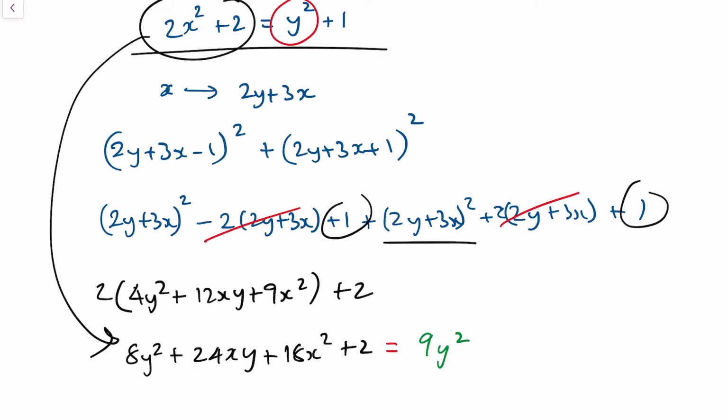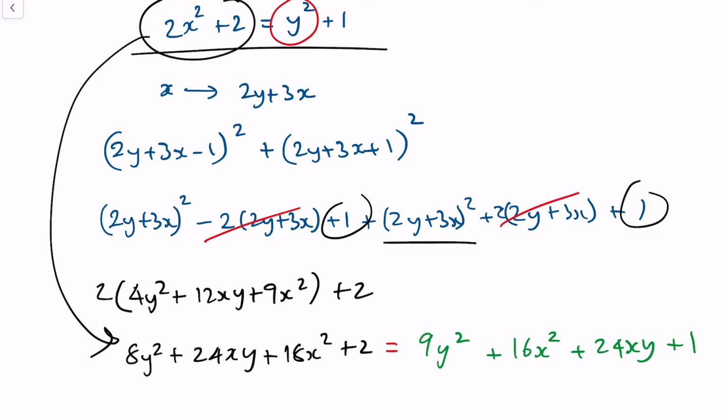And then on the left-hand side, we have 18x squared, but we want that to be 2x squared. So we add 16x squared on this side. That will bring it down to 2x squared. We want to get rid of 24xy, so that there is no xy expression on the left or right. And if we add 1, we're going to have on the right-hand side y squared plus 1 after we do the cancellations, right?